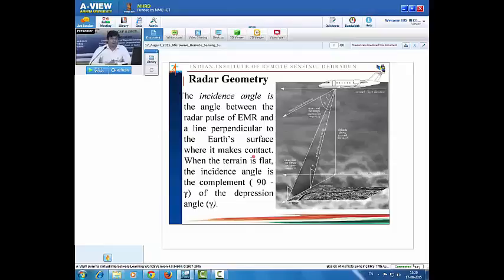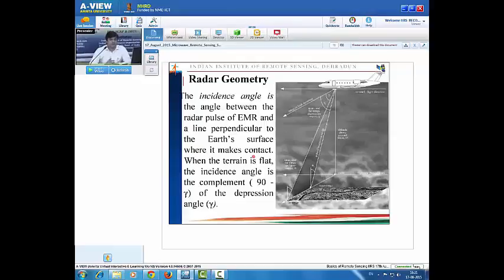Now, after getting the information of the different SAR sensors, we are going to move on to radar geometry. Why? Because the terms used in radar geometry are very important for SAR data processing. If one gets the data set, then definitely the person will need to process it.